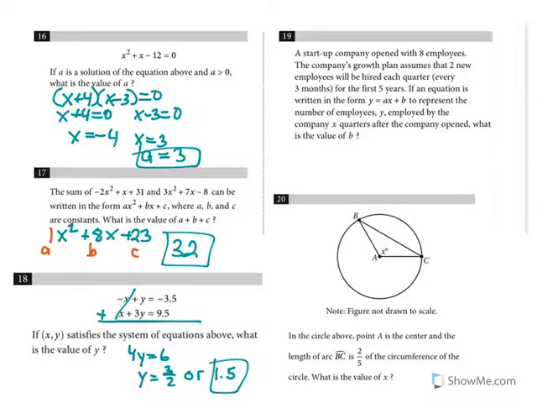A startup company opened with 8 employees. The company's growth plan assumes that 2 new employees will be hired each quarter, every 3 months, for the first 5 years. If an equation is written in the form y equals ax plus b to represent the number of employees, y, employed by the company x quarters after the company opened, what is the value of b?